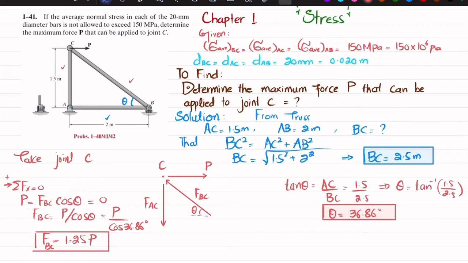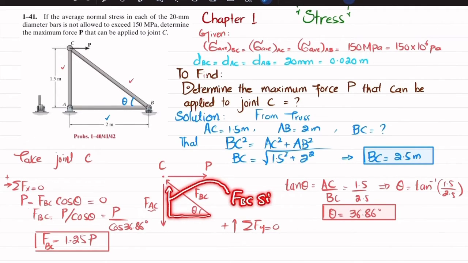Now you have this FBC, we will find FAC by using another equation of equilibrium, that is the sum of all forces along y direction must be equal to 0 and upward force is taken as positive. One force acting vertically is minus FAC because it is downward, and another one is the vertical component of FBC, which is FBC sine theta.